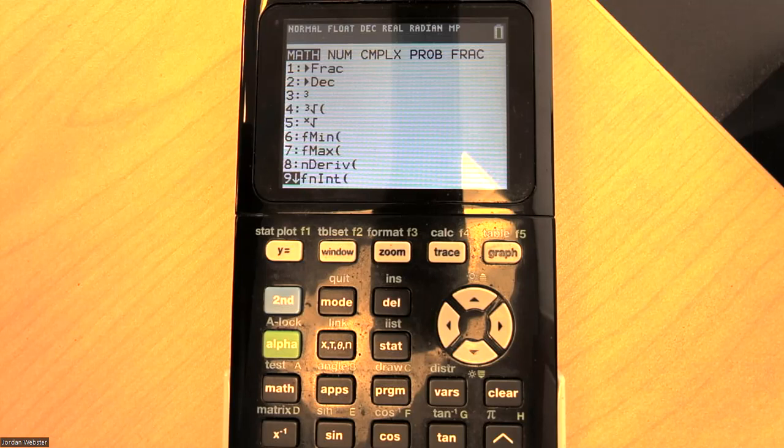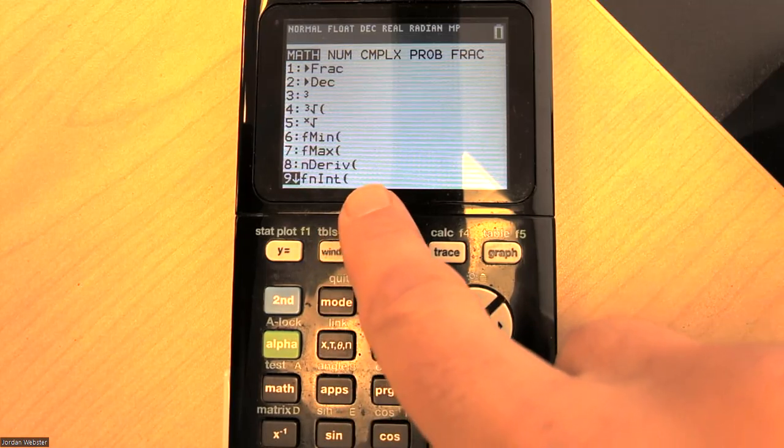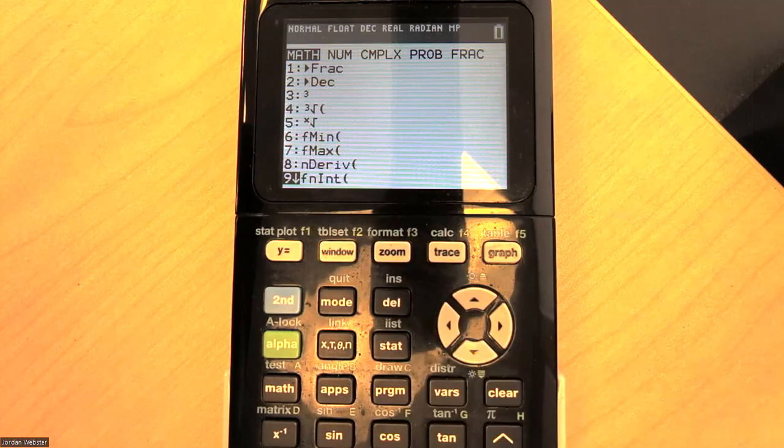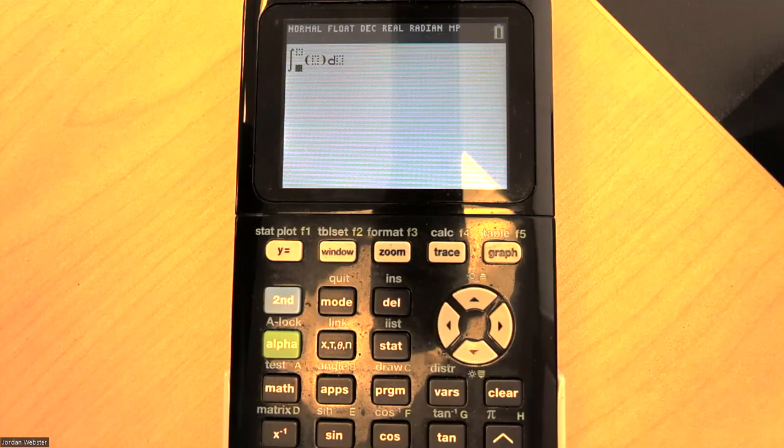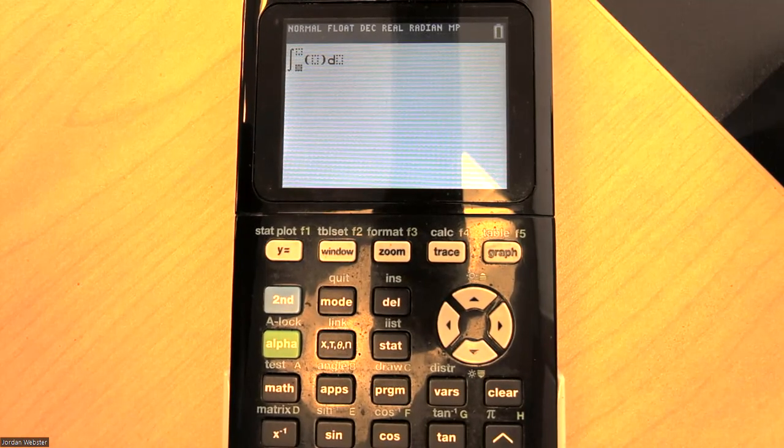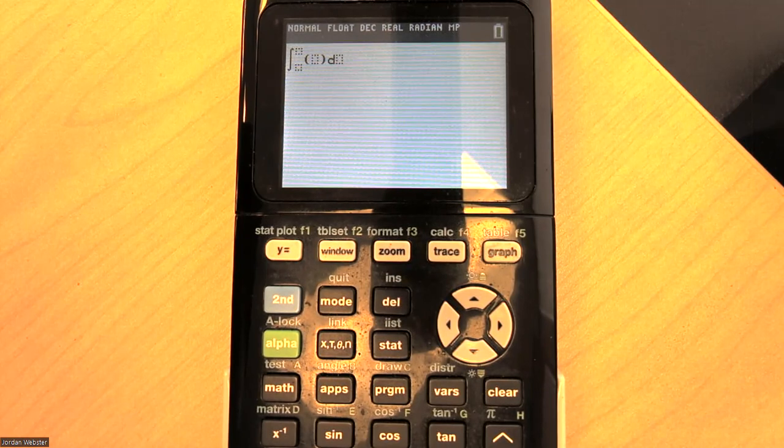My operating system on my calculator right now is set for math print, and it's in the regular rectangular coordinate system. So when we go function integrate, my calculator generates out something that already looks like a definite integral.